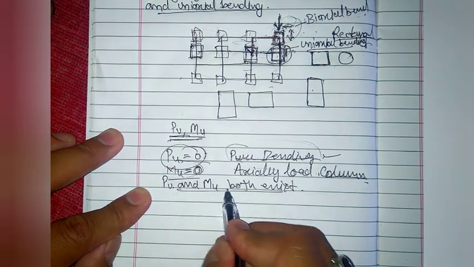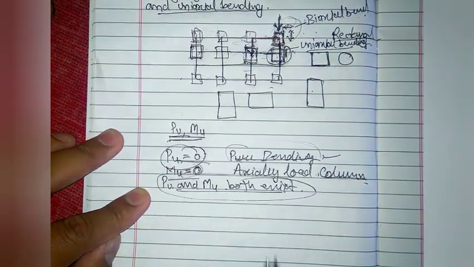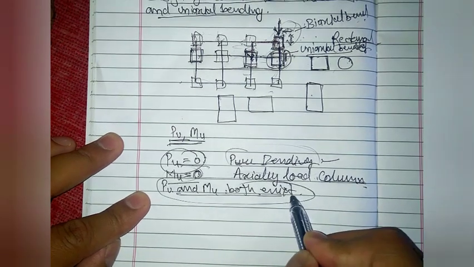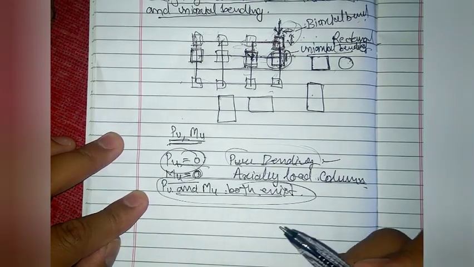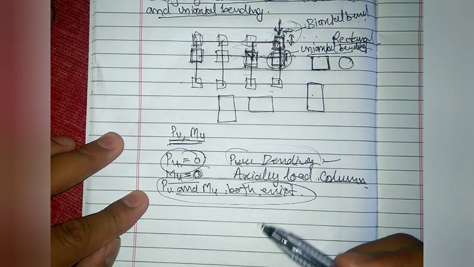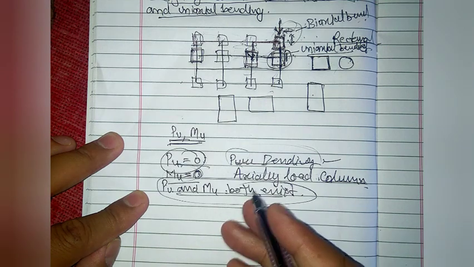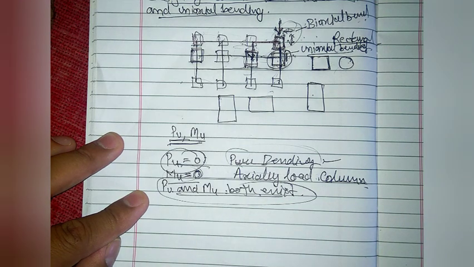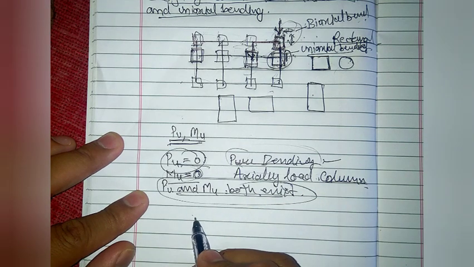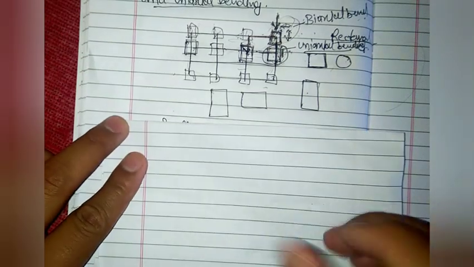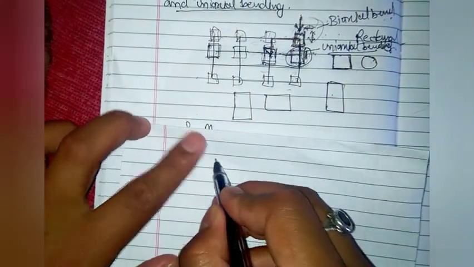So when Pu and Mu both exist, in the third case, we need to find out the strain that is occurring at the outermost compression fiber of the column section. For this section, let me draw here.